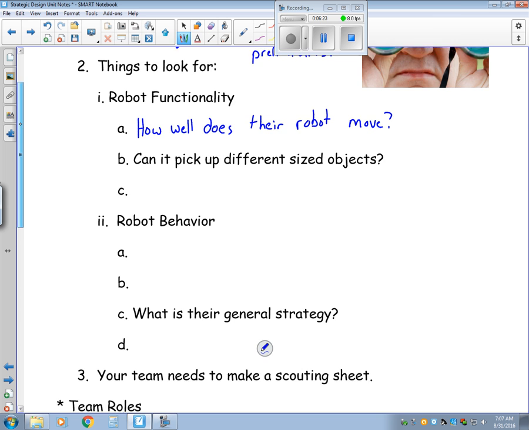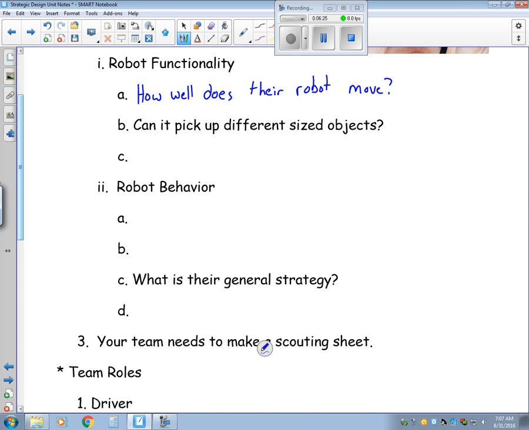Oftentimes the games have pieces that are different sizes, so can it pick up different sized objects? How well does a robot score points? Or how does a robot score points? And there's a few more questions you can ask about robotic functionality.